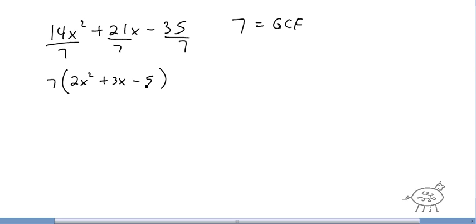Pretty easy. I want to do one that sometimes causes a little bit of problem. Let's do 6x squared minus 10x plus 4.